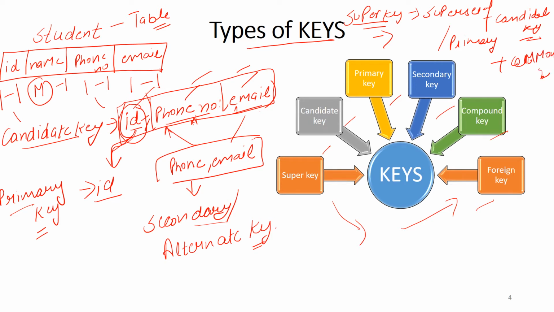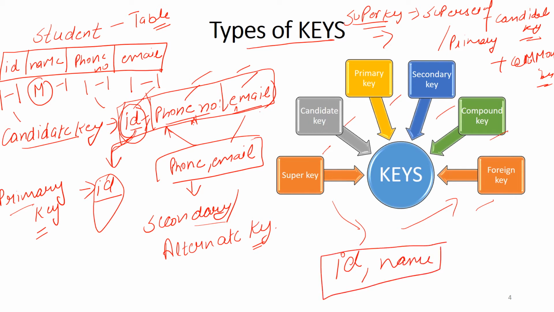Common attribute means, for example, we have primary key ID, plus a common attribute, we have student name in the student table. If we collaborate these two attributes, then we can make a super key.